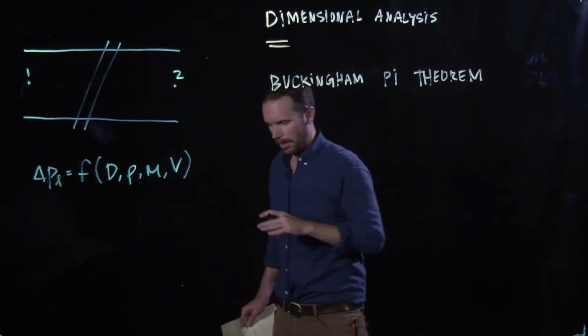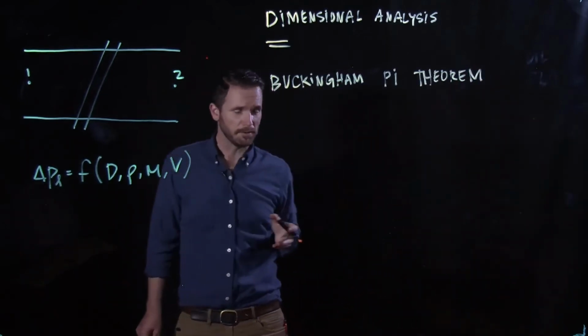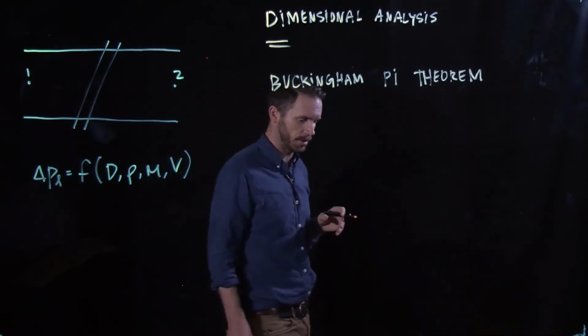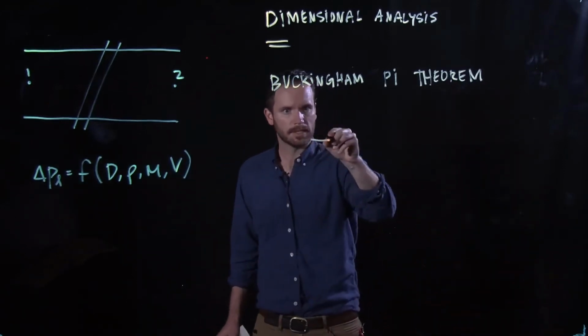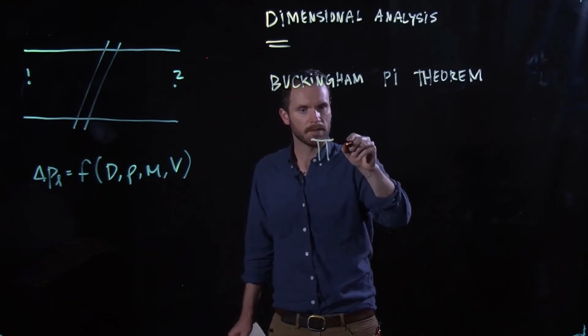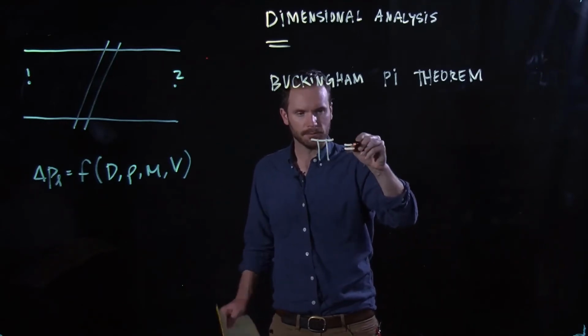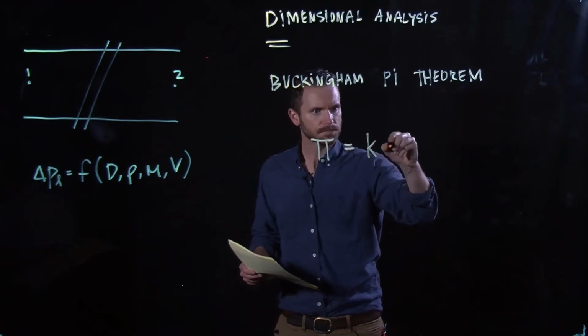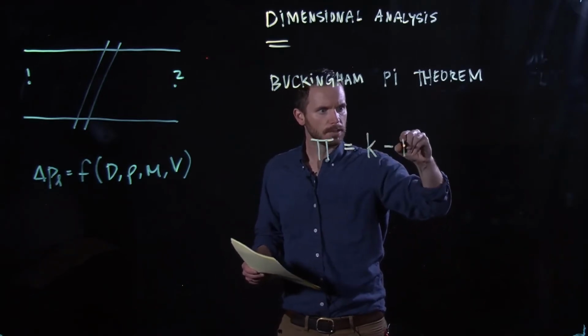Now, the Buckingham pi theorem sounds very high-minded, but it's actually pretty easy to understand. The Buckingham pi theorem says the number of pi terms that you need to describe a system is basically the difference between two things.